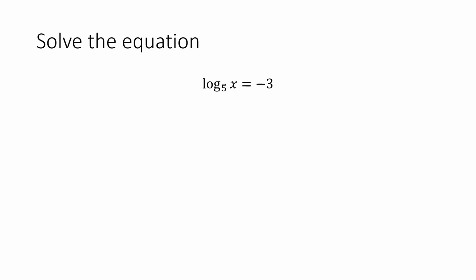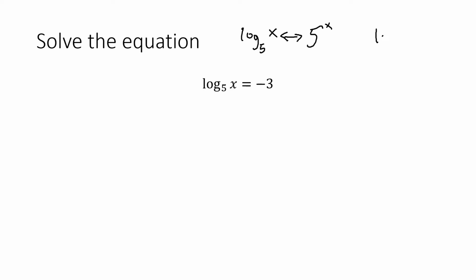To solve this equation, notice that we already have the log by itself. So what we're going to need to remember is how exponential and logarithmic functions are related to each other. Remember that 5 to the x and log base 5 of x are inverses of each other, meaning that when we combine them, they cancel each other out.